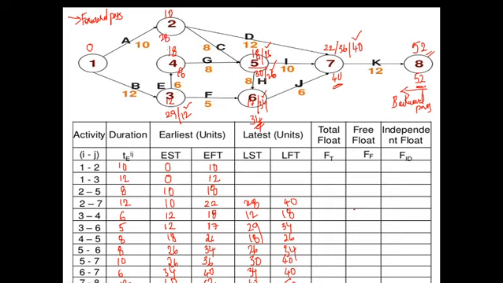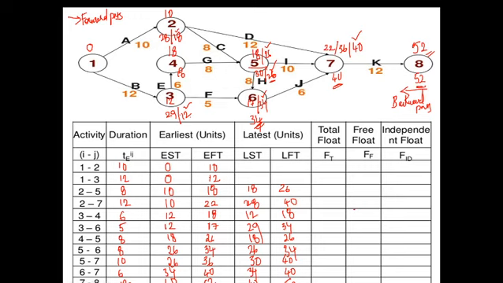Again 2 to 5 activity. Which value have we selected over here? 26, the lesser value, minus activity duration 8, so it is 18. So we have got one more value for the junction, that is 18. Which value will we adopt? The lesser value. Now see 1 to 3.